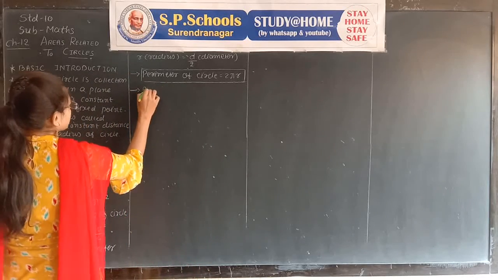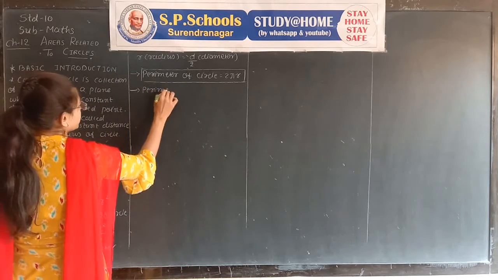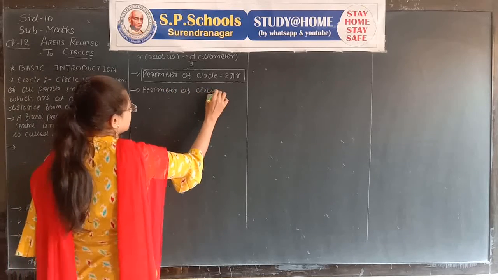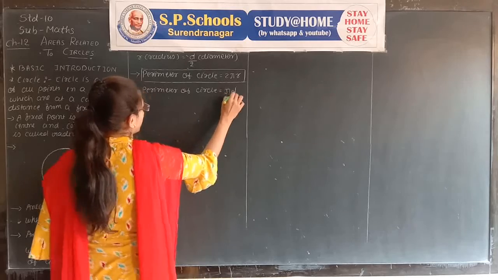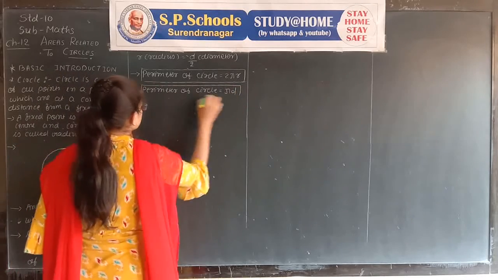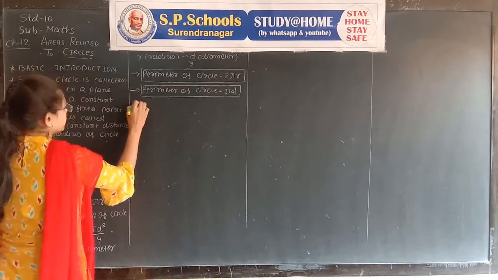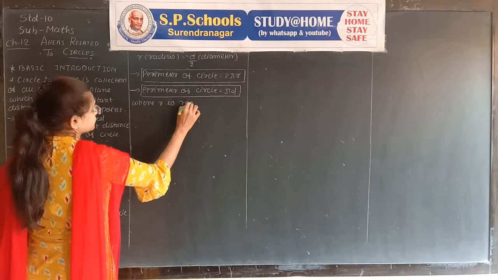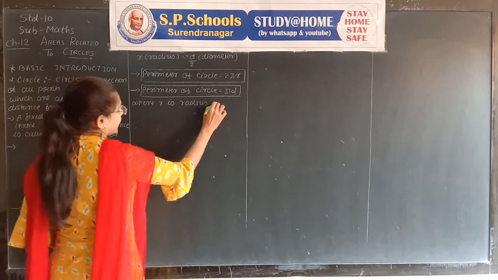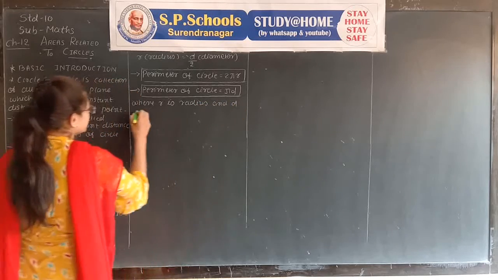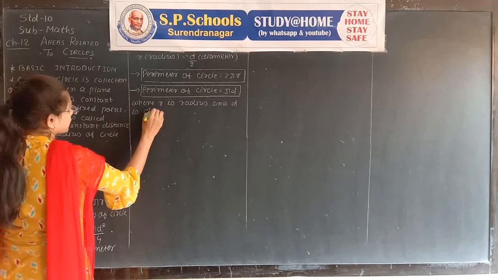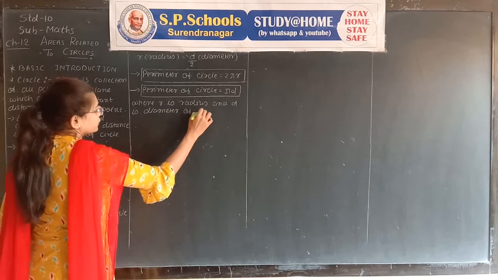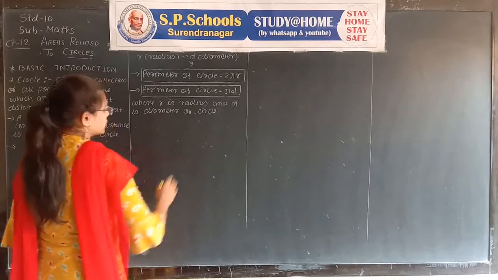And again, perimeter of circle is equal to pi into d, where r is the radius and d is the diameter of the circle.